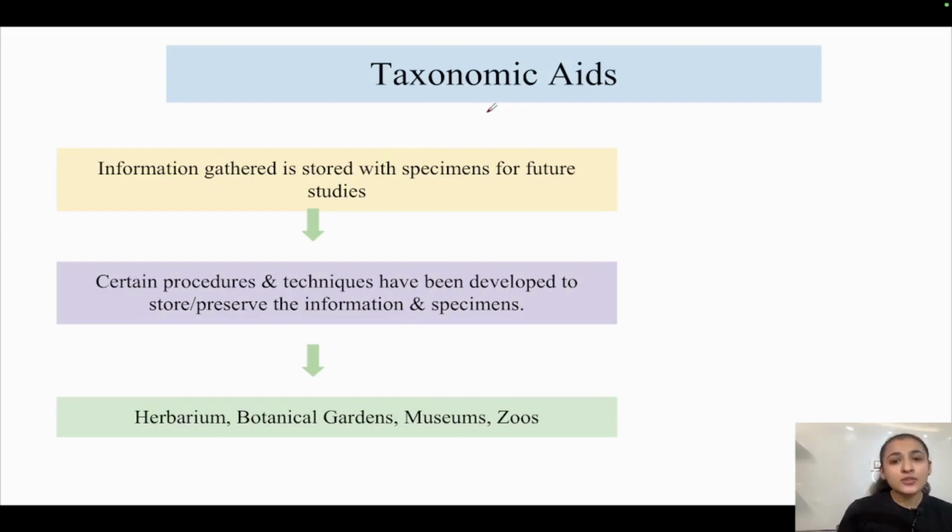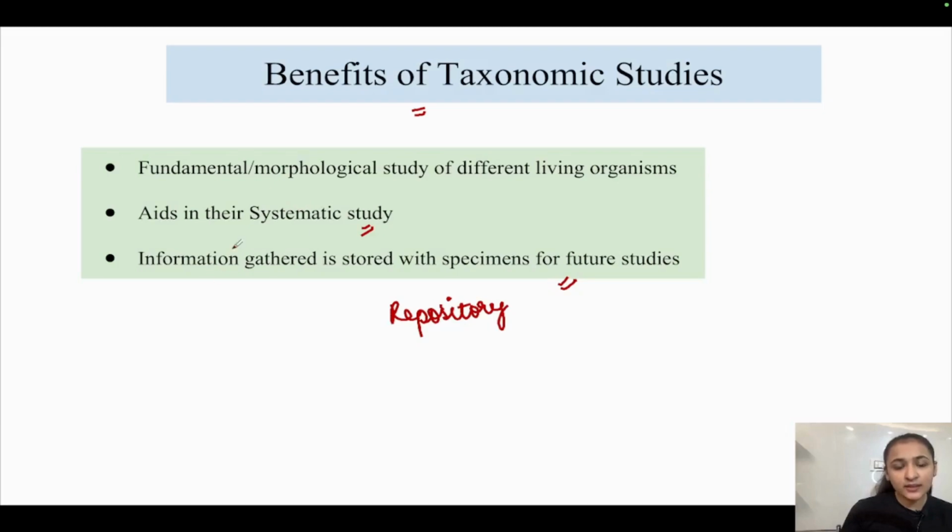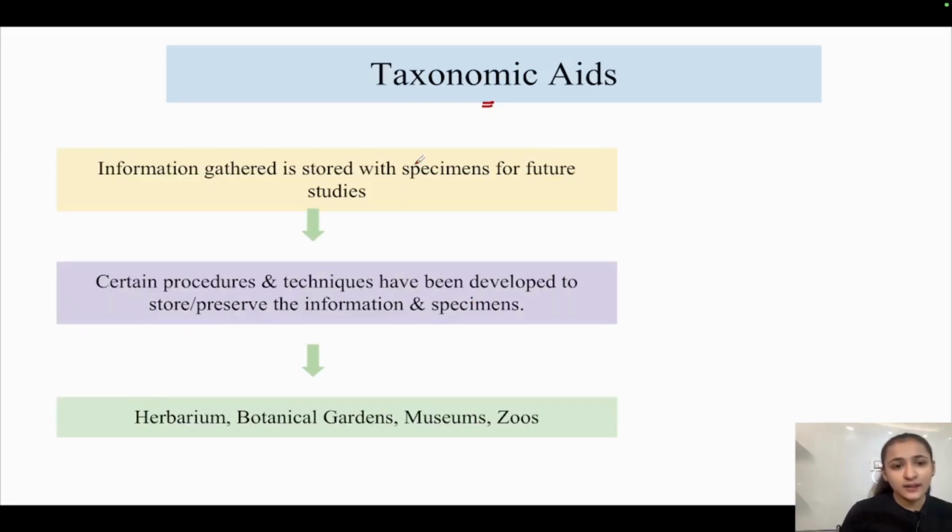Now we come to taxonomic aids. Focus here: this was the third point, that information gathered is stored with specimens for future studies. This is the repository. Considering this point, certain procedures and techniques have been developed to store and preserve the information and the specimens. We need a place for storing all the information that has been gathered about the specimens.